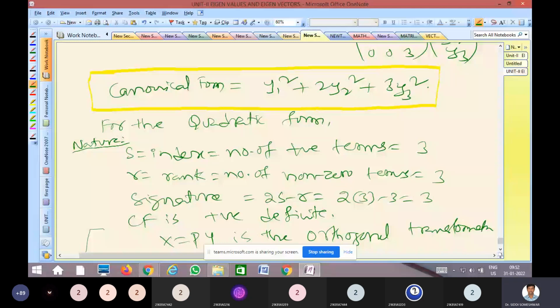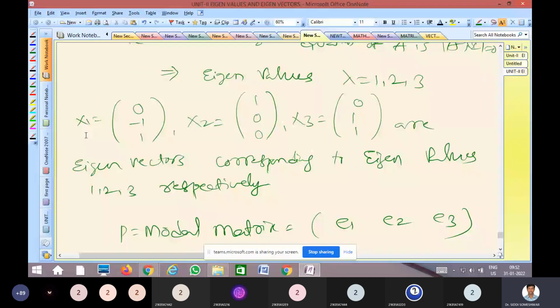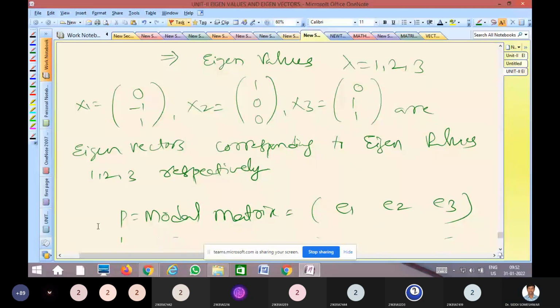Now we will discuss one more problem. In the previous one you can observe that h1, h2, h3 are pairwise orthogonal, because h1 transpose into h2 equal to 0, h2 transpose into h3 equal to 0, h1 transpose into h3 is also 0 here, right?